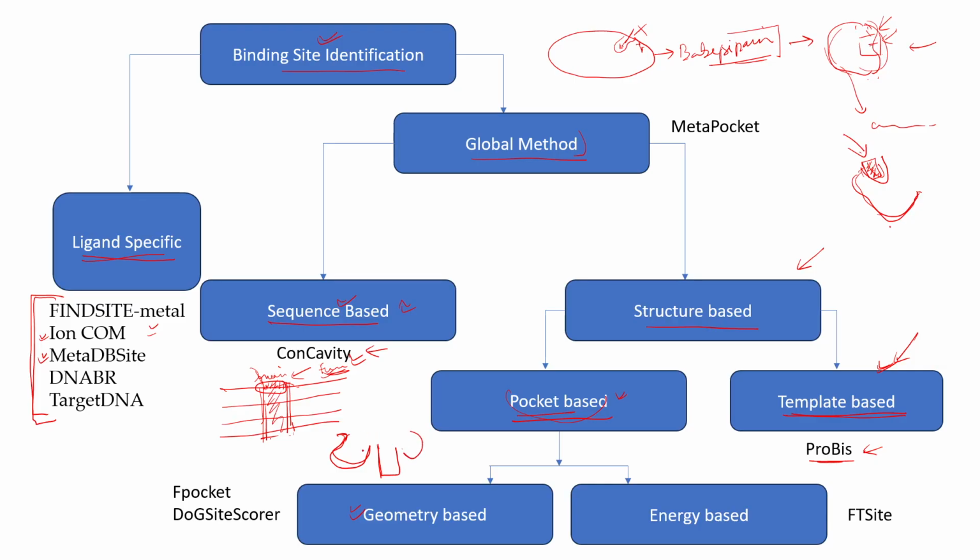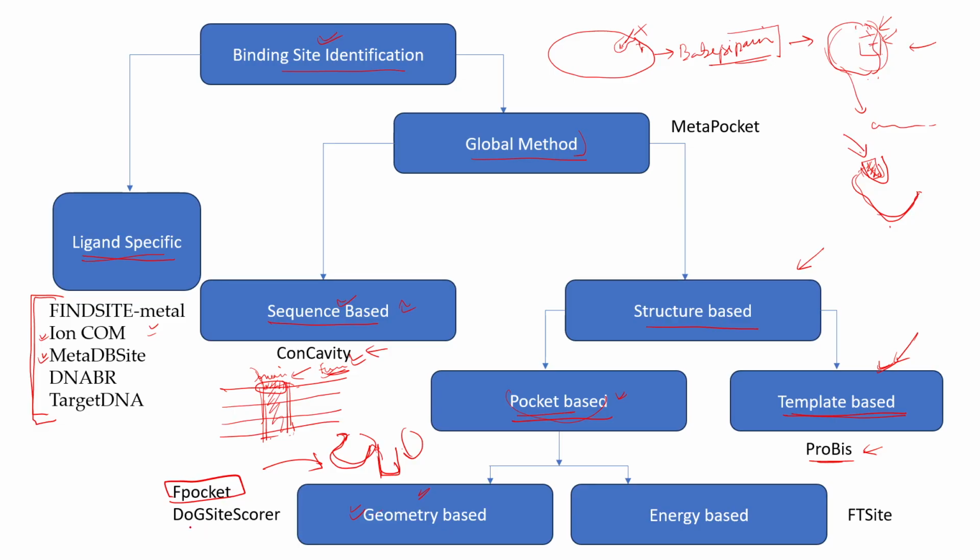So they look for different kinds of pockets in the geometry based active site prediction. The F pocket is one of the tools to implement this geometry based active site prediction.